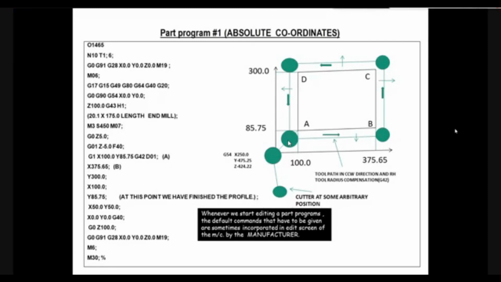After that, as we don't have anything to do with this cutting tool, we have given M30 because no more operations are performed in this part program. M30 means end of the program. And that percentage symbol will be there on the monitor, which means that the monitor is kept ready for editing. If you have any lines to be added to it, you can add it.